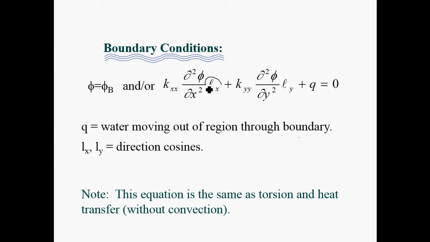In many equations, we use these so-called direction cosines, right? But this is the equation for the boundary conditions. As I am emphasizing, this equation is the same as the torsion, same as the heat transfer, of course, without convection, right? The same format. You could say it's not the same, but you could say same format like this.